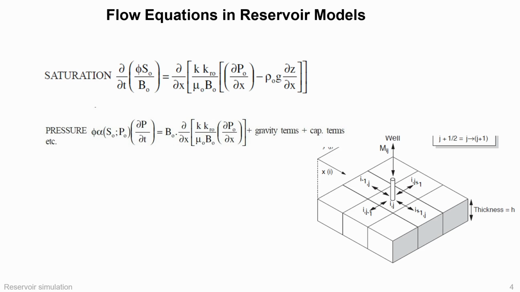You can think of the simulator as solving a huge network problem. Each cell interacts with neighboring cells in the X, Y, and Z directions, and wells create additional sources or sinks. The simulator must calculate how pressure and saturation evolve throughout this grid system at each time step.